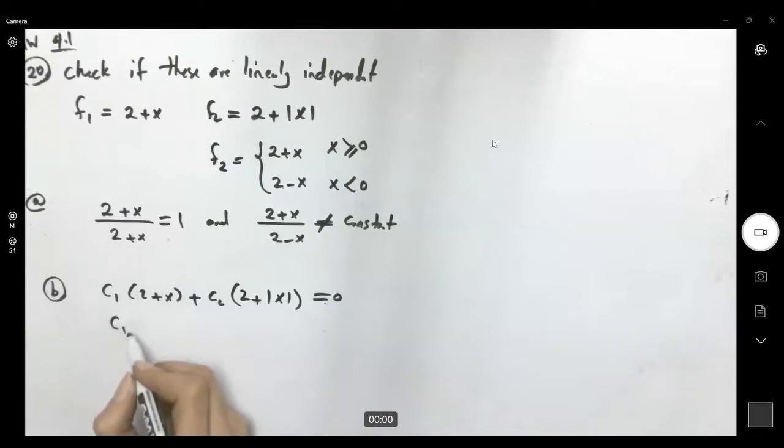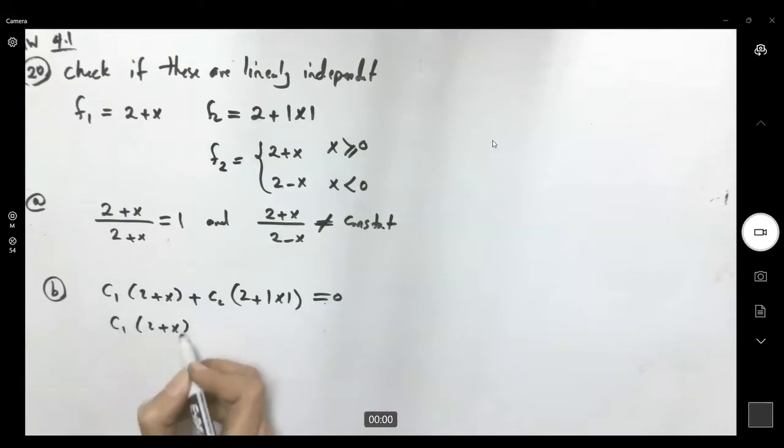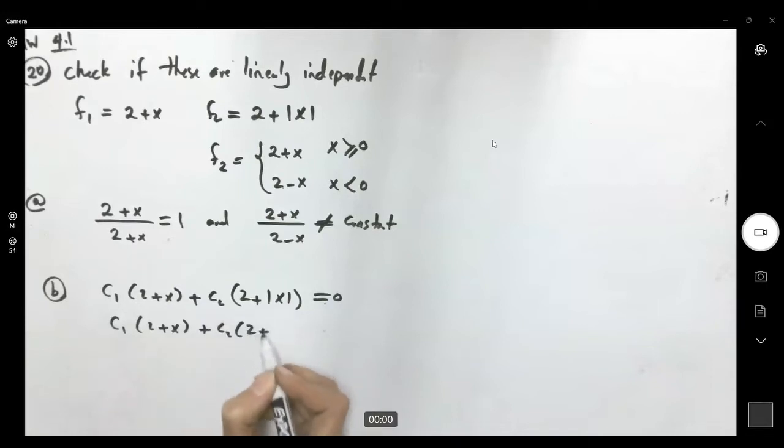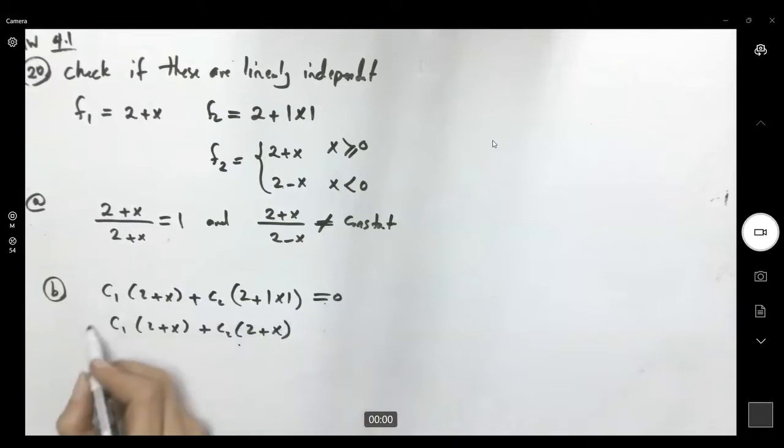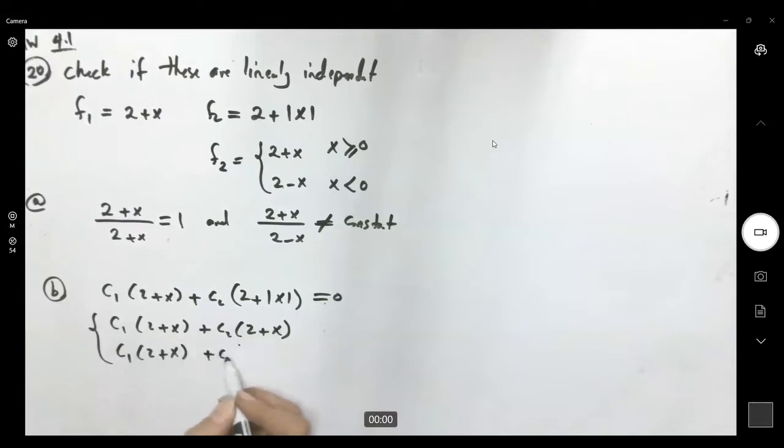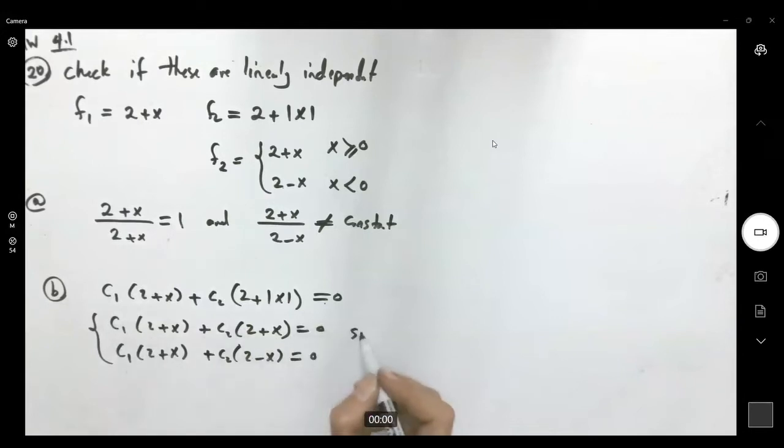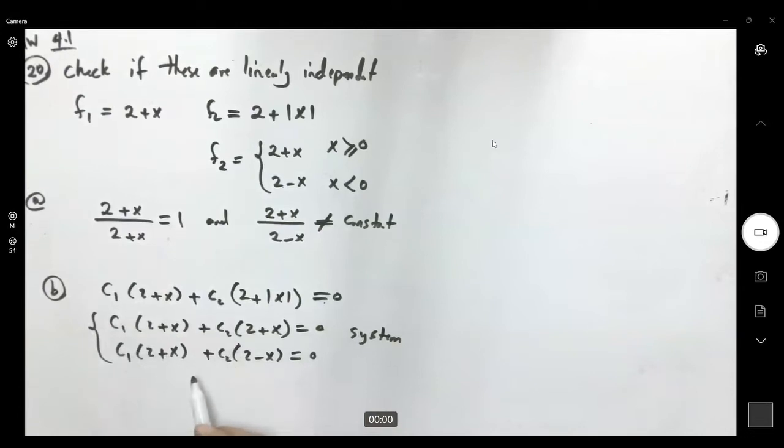It means that if I write it as C1 times 2 plus x, plus C2 times 2 plus x, we have to at the same time consider this case, C1 times 2 plus x, plus C2 times 2 minus x equal to 0. So you have a system to solve. Can you find any C1 and C2 that satisfies these two equations? No.